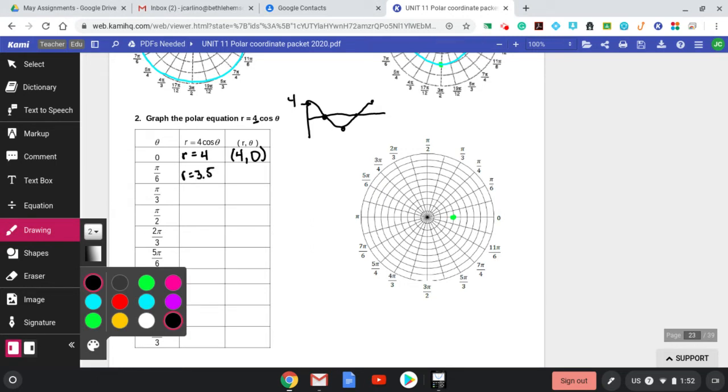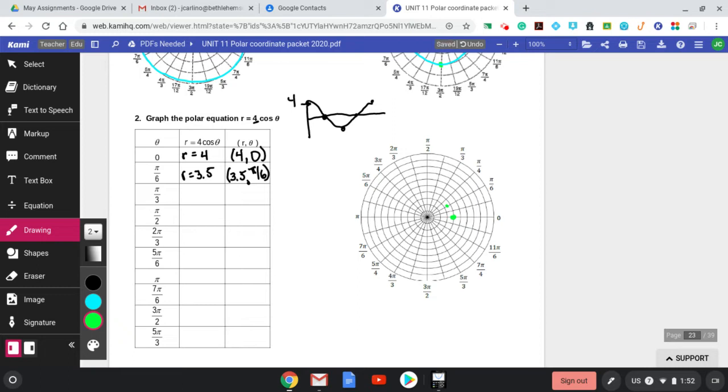So the next point I'm going to graph is 3.5, comma, pi over 6. I'm not looking for greatness here, but at pi over 6, I'm going to go 3.5 units away from the pole. 1, 2, 3.5, about right there.